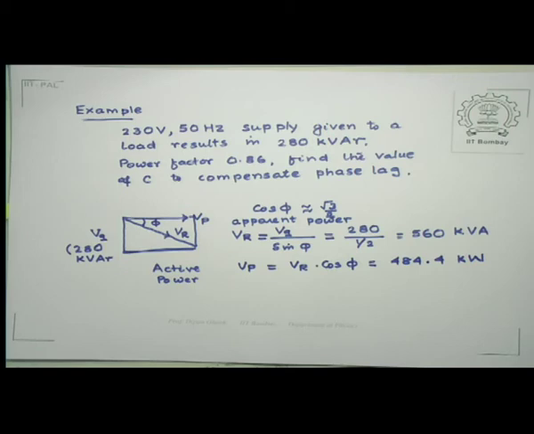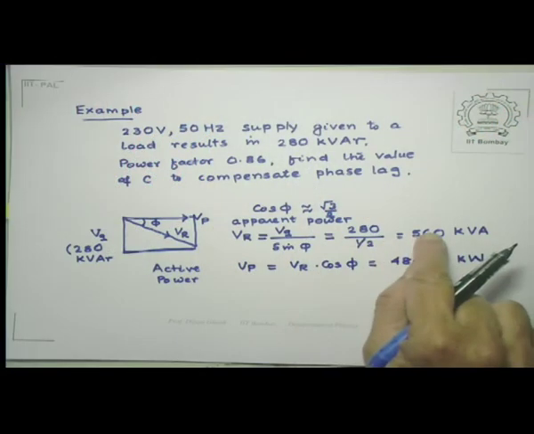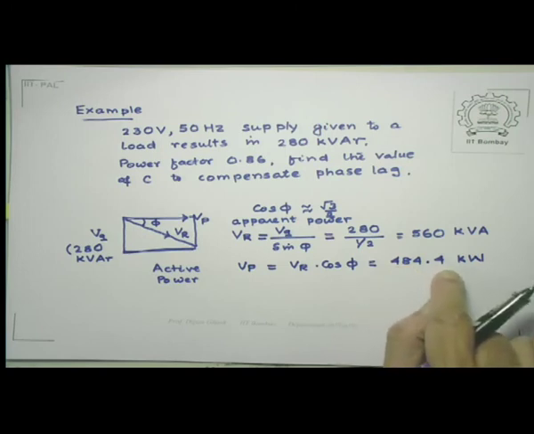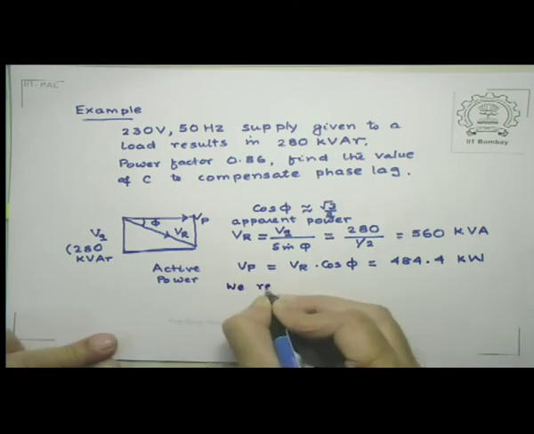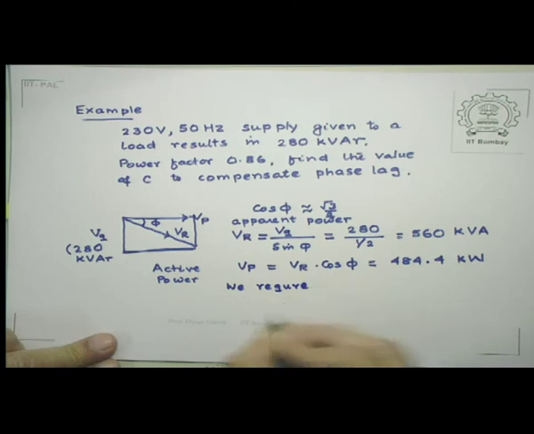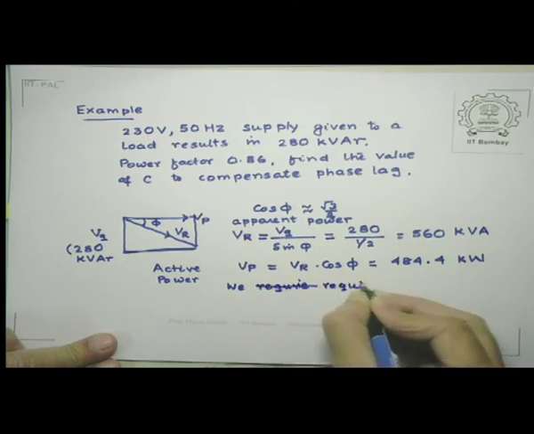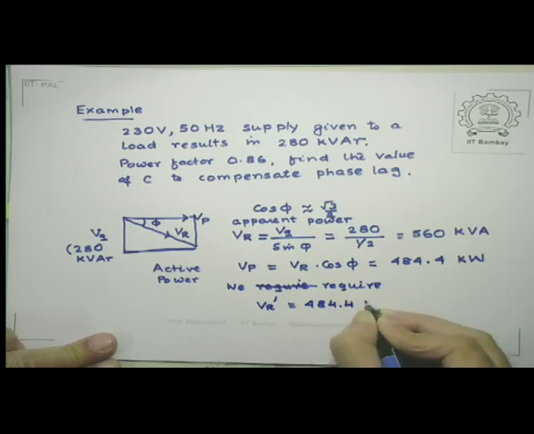Now, what does power factor of 1 imply? Power factor of 1 implies that the apparent power should also be equal to 484.4 kilovolt ampere. Let's call it Vr prime equal to 484.4 kVA.